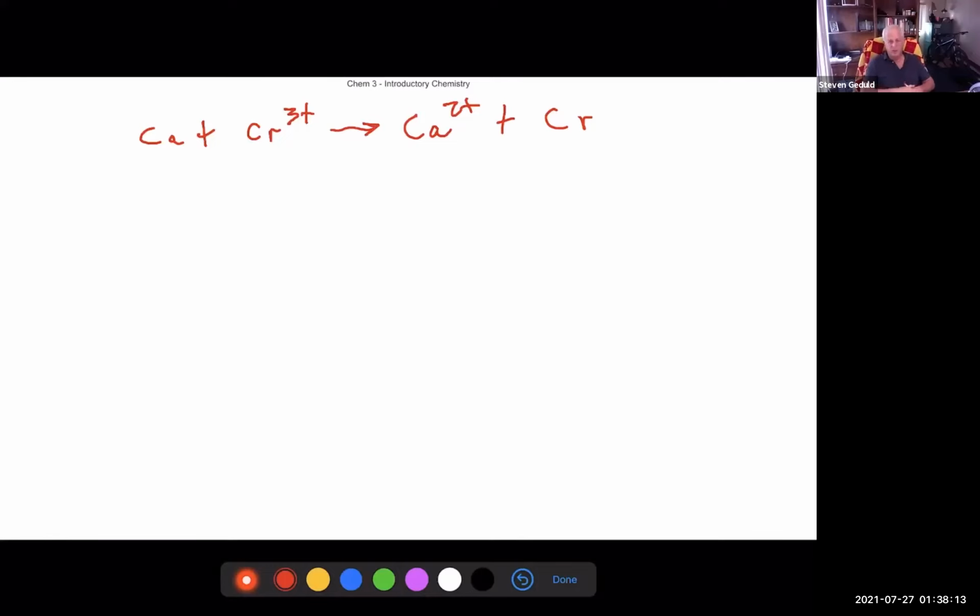So we can balance the charge with a 3 and 2, common denominator is 6. So I can make this have a +6, I put the 2 here. And I can make this have a +6 by putting a 3 here. And then I have to balance my elements, 3 calciums, 2 chromiums.